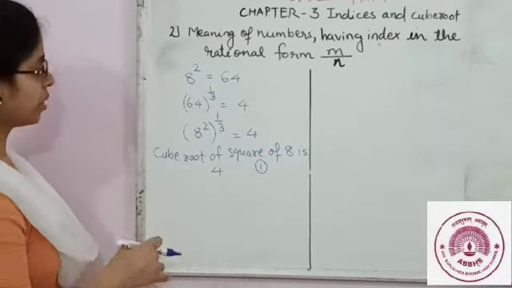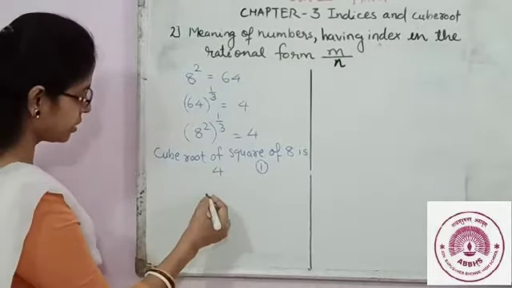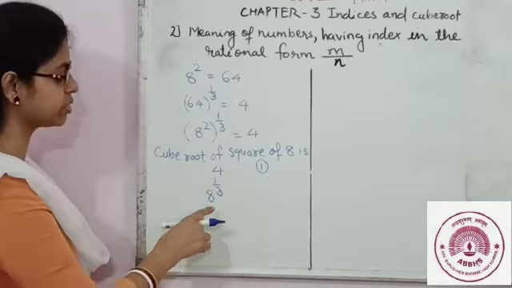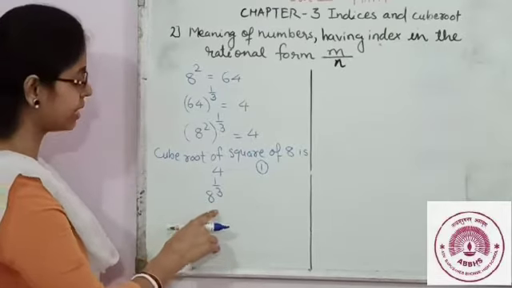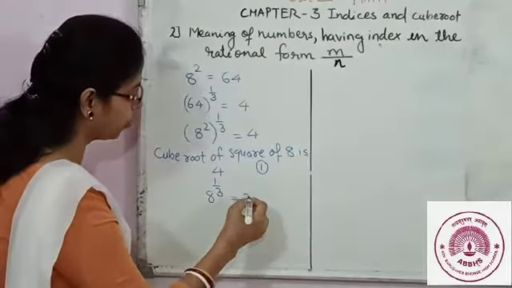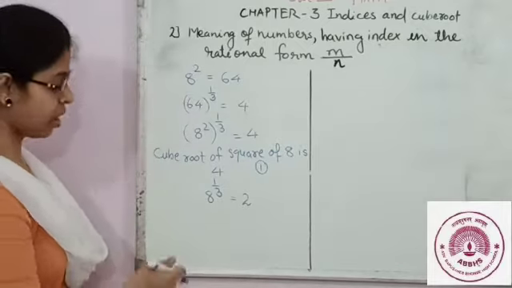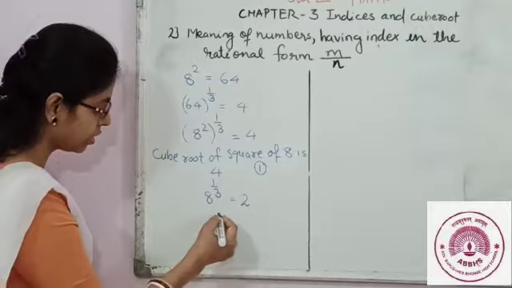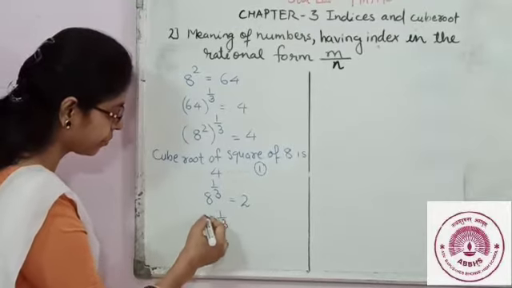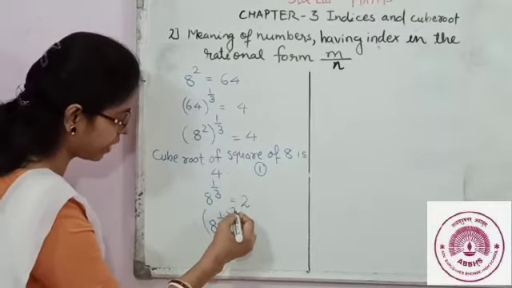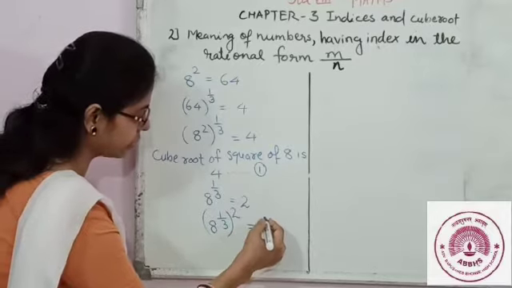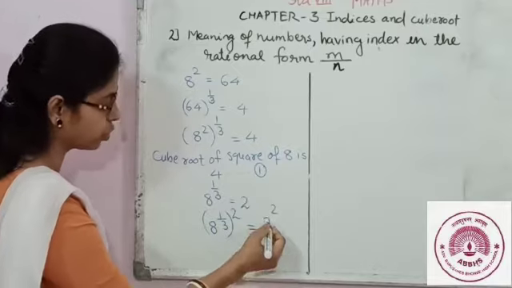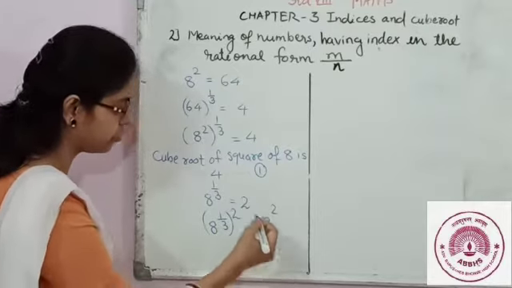Now we also know that 8 raised to power 1 by 3, that means cube root of 8, is equal to 2, right? Now if we square on both the sides, what will we get? Squaring both the sides, we get this as it is, equals to 2 square, which is 4.